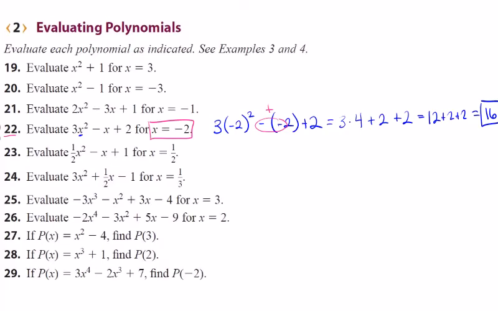So number 24, we have a fraction involved. So x equals 1/3. So what I'm going to do is I'm just going to rewrite this polynomial, right? One thing you can do is just rewrite it with parentheses wherever there was an x, right? And then whatever this input value they give you, you can just put that in, right?